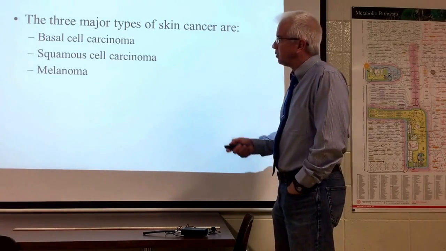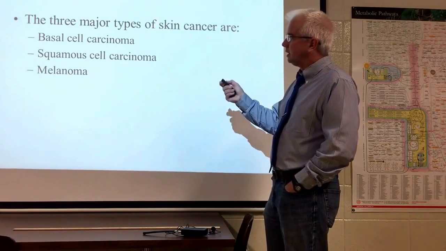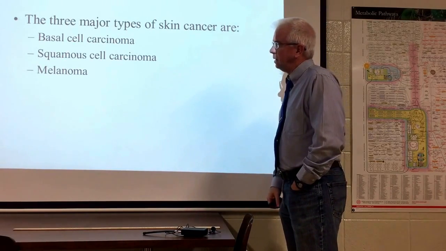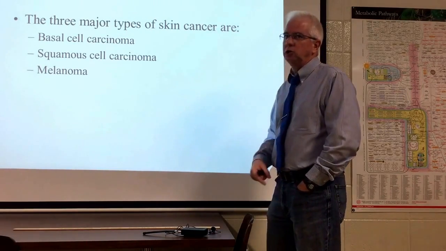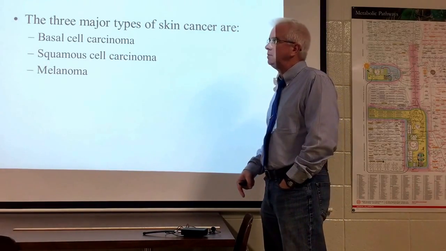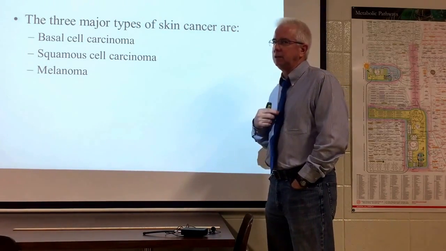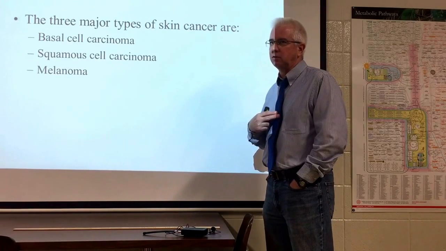So let's tidy up the rest of skin. There are 3 kinds of skin cancer: basal cell, squamous cell, and melanoma. Now you should see in the names, because you've learned some histology, some information about these cancers.